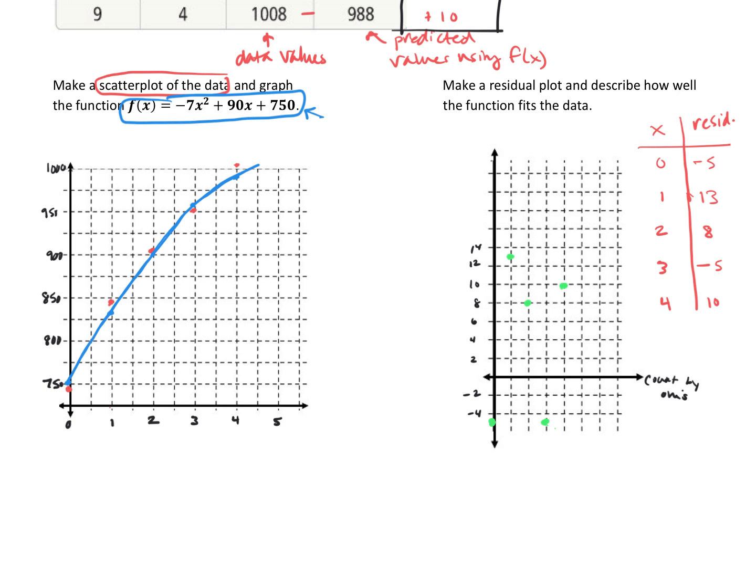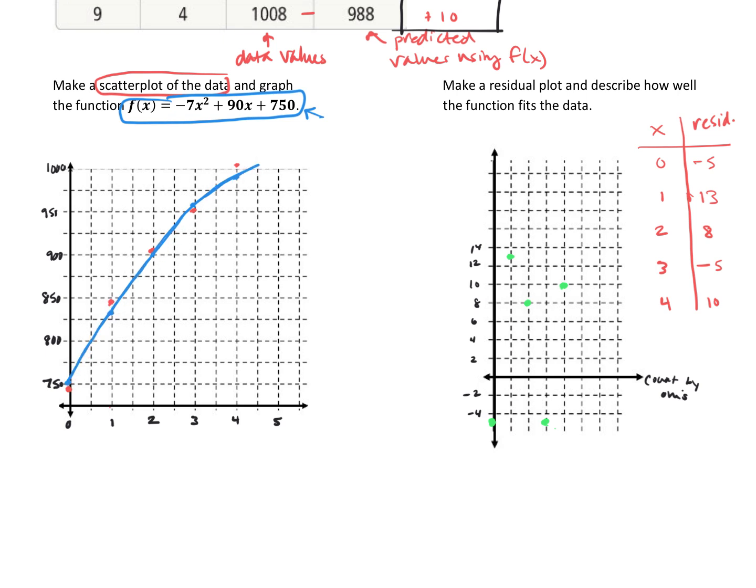Okay, so essentially what we're looking at is how far off from the data the residuals were. When these numbers are smaller, that means that difference was smaller, so our predicted value was much closer to the data value. So we can see how far above or how far below the x-axis these residual points are. And that's going to help us determine how accurate our predicted model is.